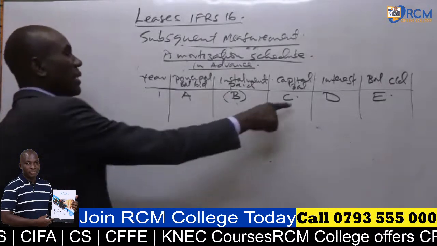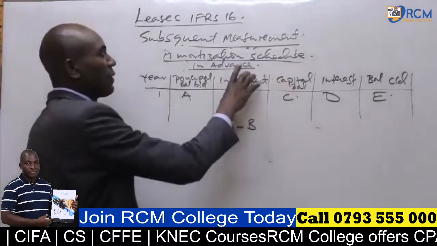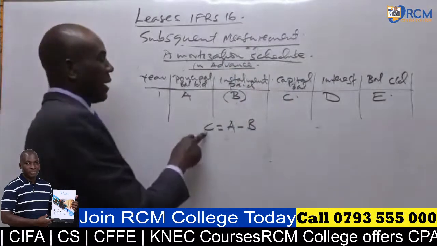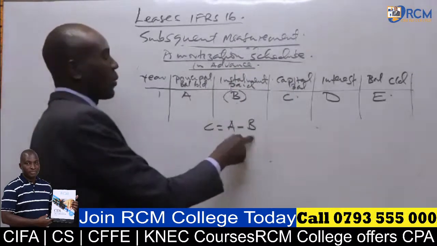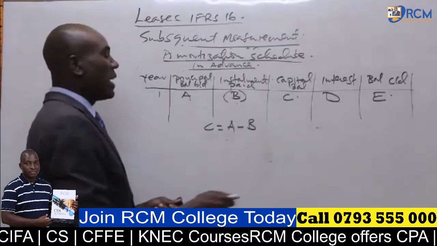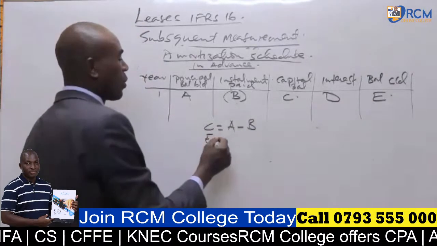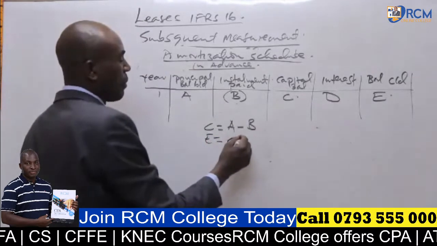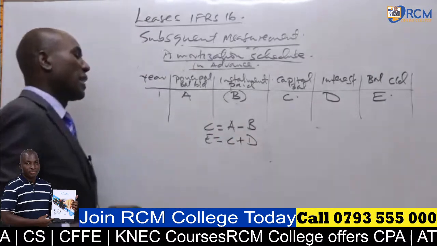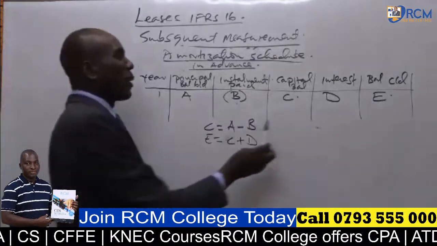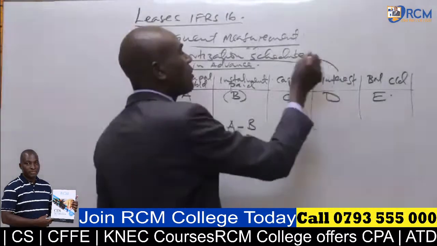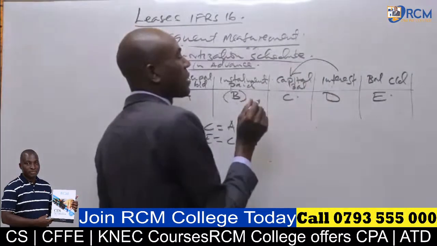Then C, what is remaining after I have paid installment? C equals A minus B. Then E, which is the balance carried down, equals C plus D. Now remember, this interest, I'm charging on the capital balance.